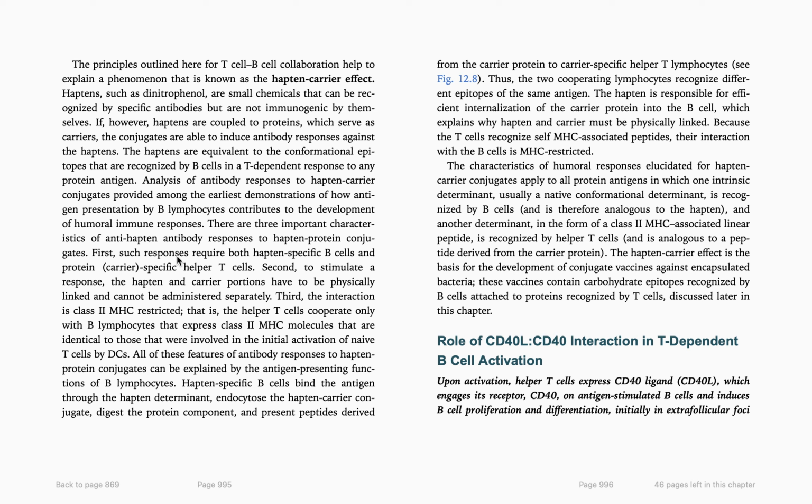The hapten carrier effect is the basis of the development of conjugate vaccines against encapsulated bacteria. These vaccines contain carbohydrate epitopes recognized by B cells attached to proteins recognized by T cells, discussed later in this chapter.